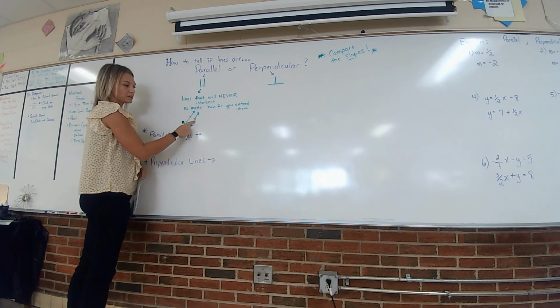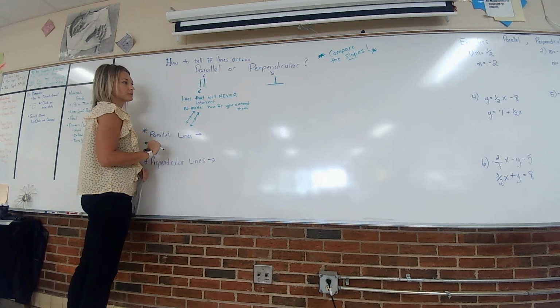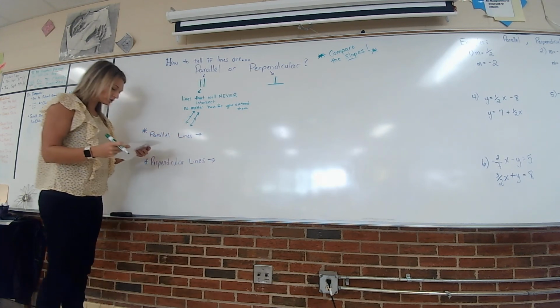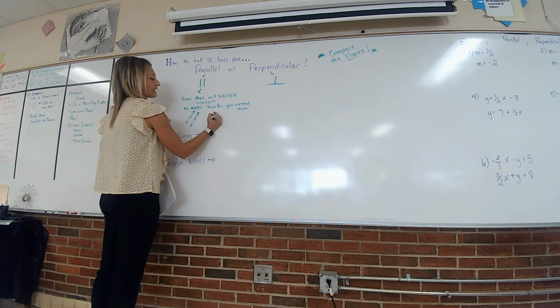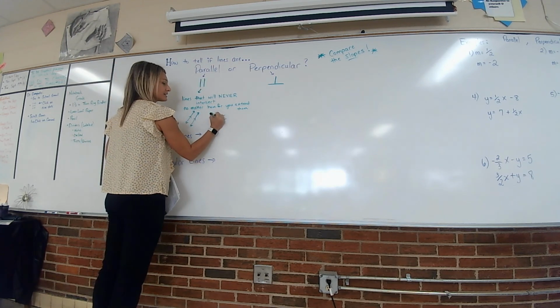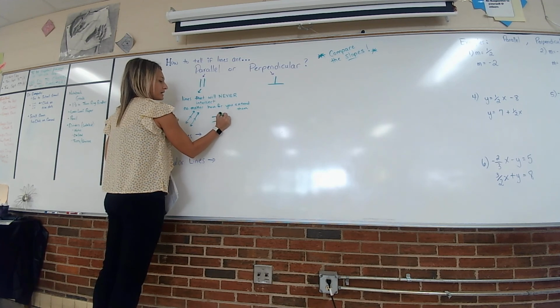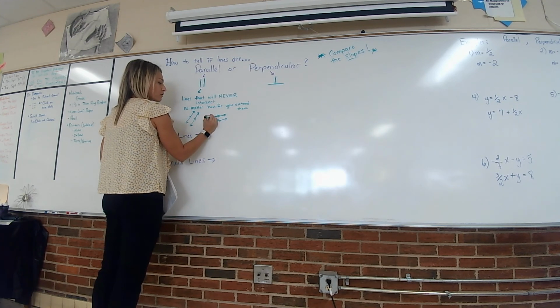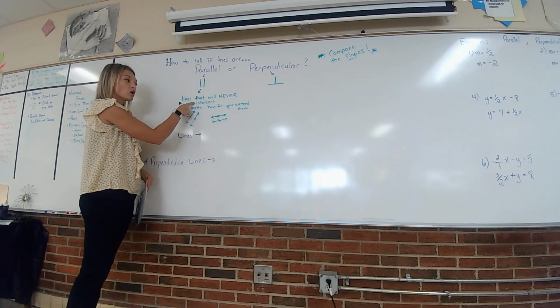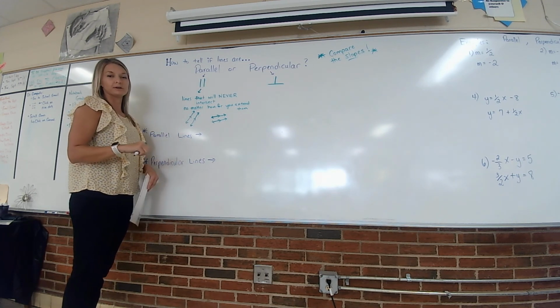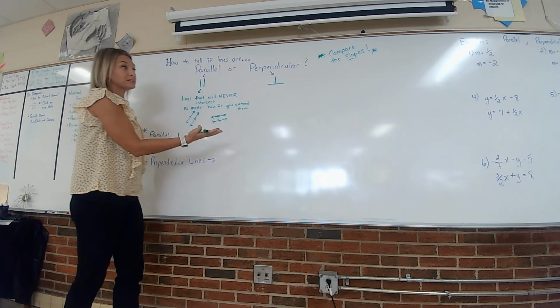And so notice I put a little arrow on each one of them. Okay. And so that's how they show you in a picture that they're parallel. So they can be kind of diagonal like that. They could be sideways. They could be vertical. As long as no matter how far you extend those lines, they never intersect, meaning they never cross, those lines will be parallel.